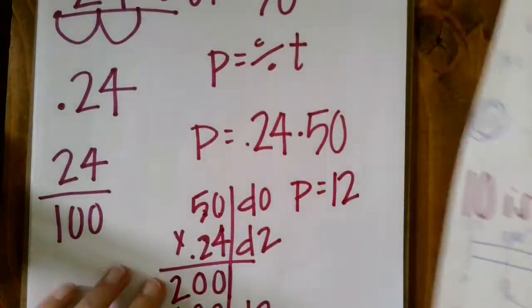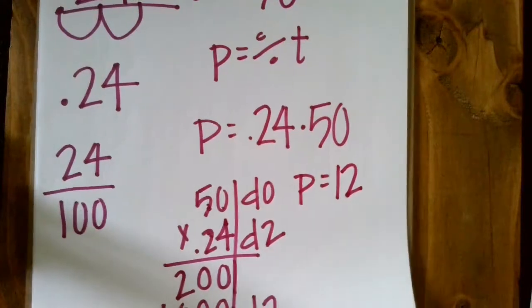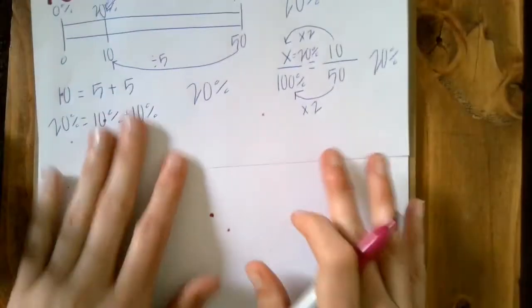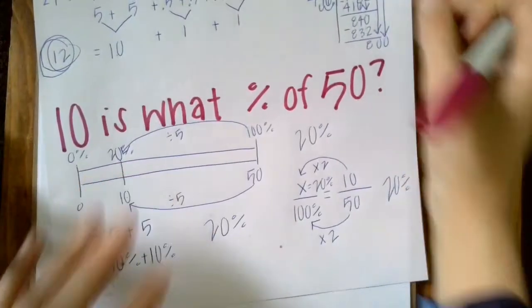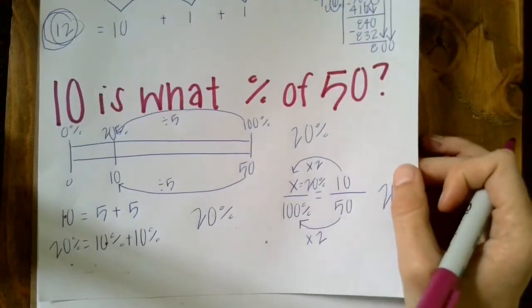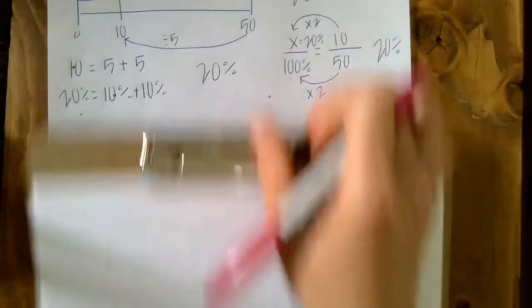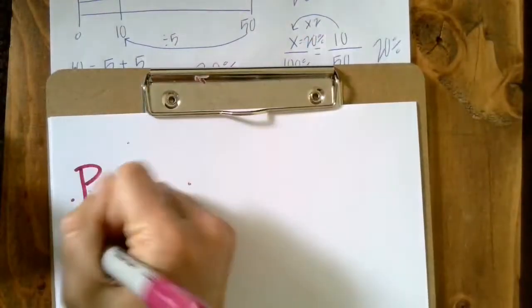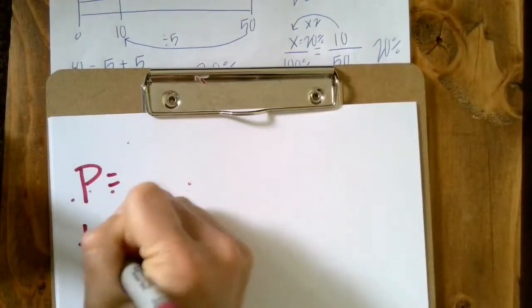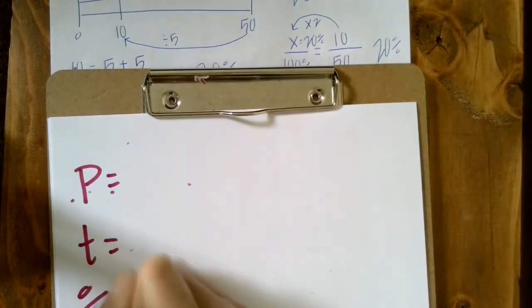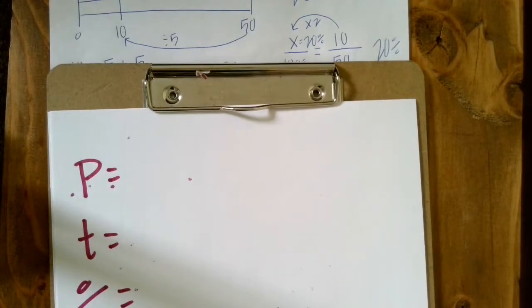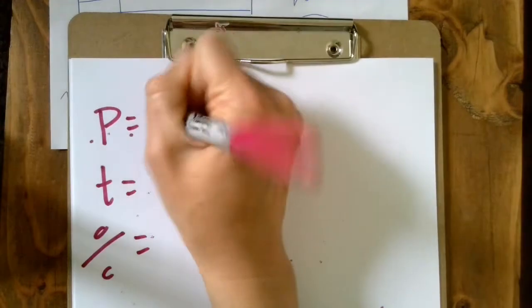So now you might be saying, well, how do I do this whenever I have a problem like this? 10 is what percent of 50? So I have my part, my total or the whole, and the percentage. I'm going to fill in what I know. I know my part is 10.